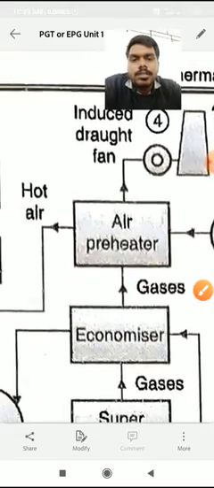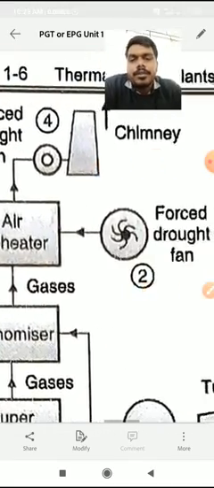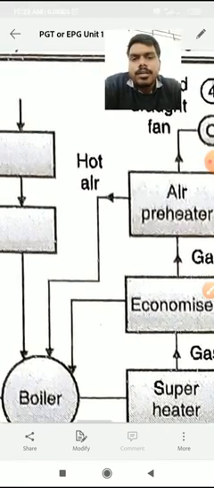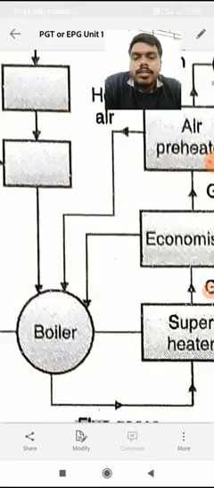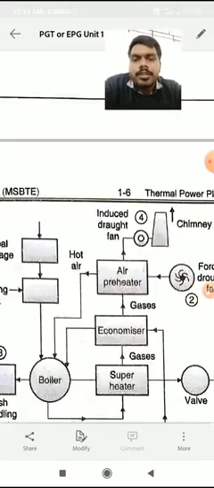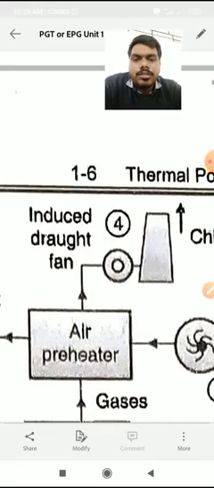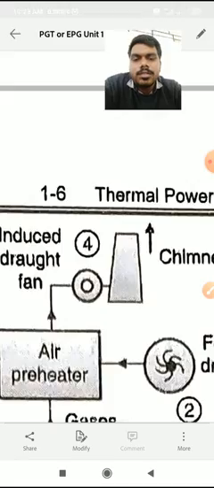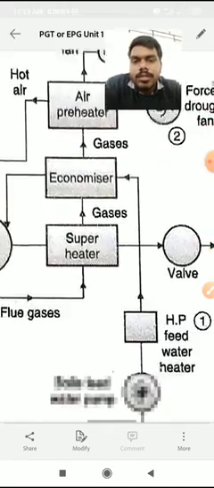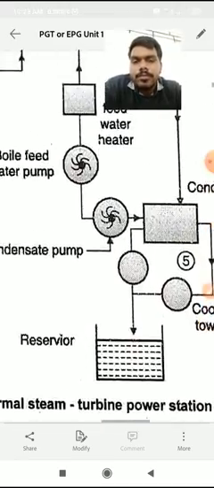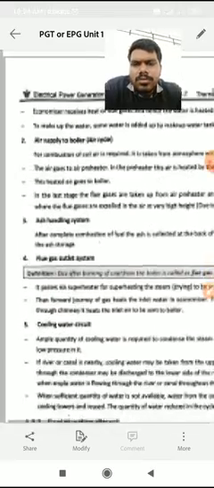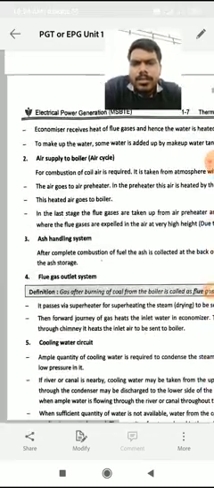That same gas preheats the air from the environment, and that heated air is passed to the boiler, and then the flue gases are forced by the fan into the chimney, which releases them at a very high height. Okay, so very simple.